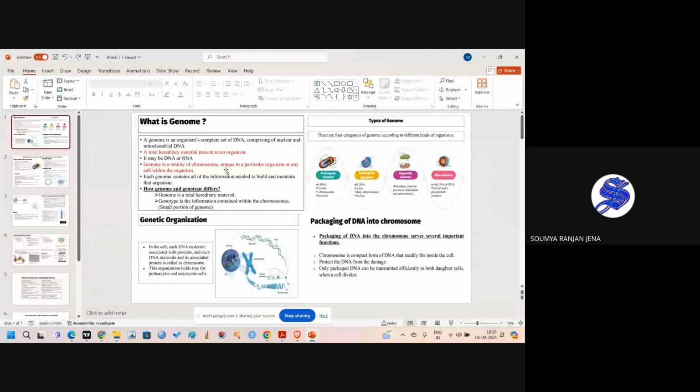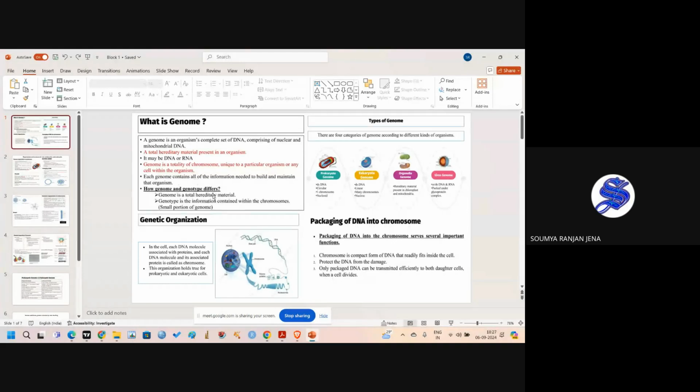The genome is present within a cell and inside the chromosomes, and each genome contains all of the information needed to build and maintain that organism. What is the information part? That is coding for RNA or proteins, which build and maintain that organism.